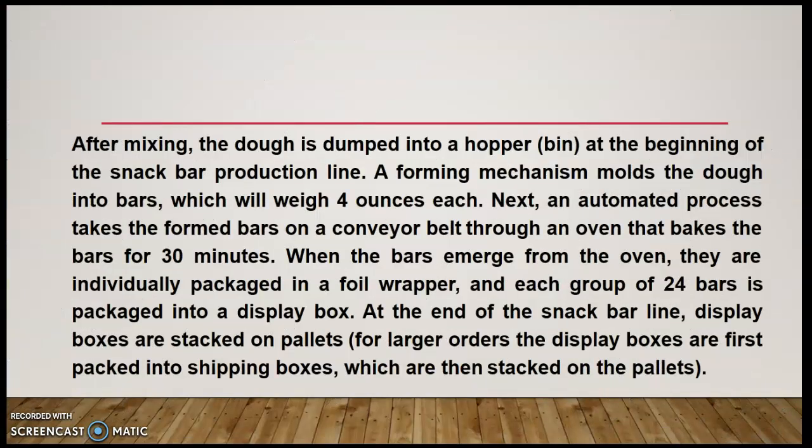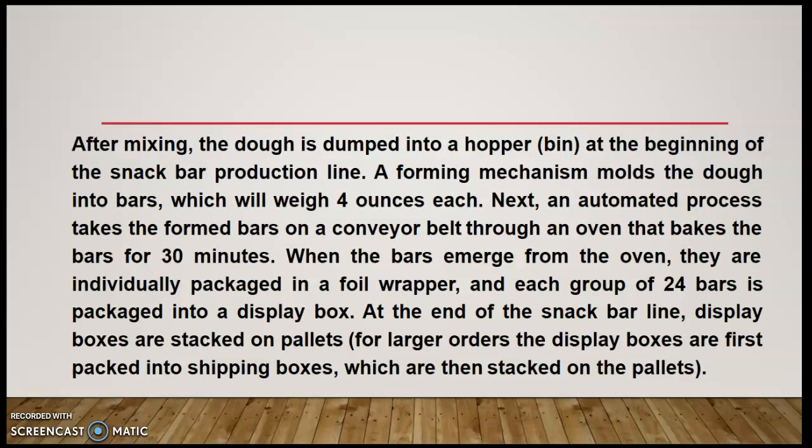After mixing, the dough is dumped into a hopper, or a bin, at the beginning of the snack bar production line. A forming mechanism molds the dough into bars, which will weigh 4 ounces each. Next, an automated process takes the formed bars on a conveyor belt through an oven that bakes the bars for 30 minutes.